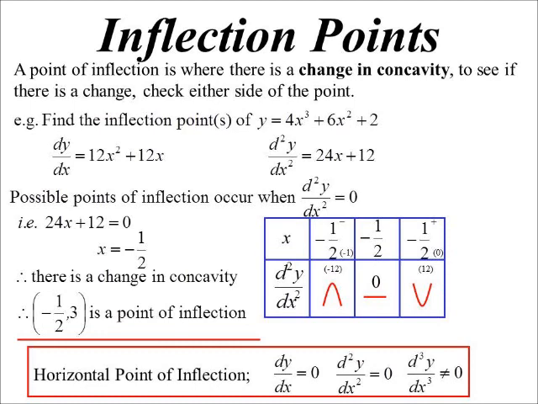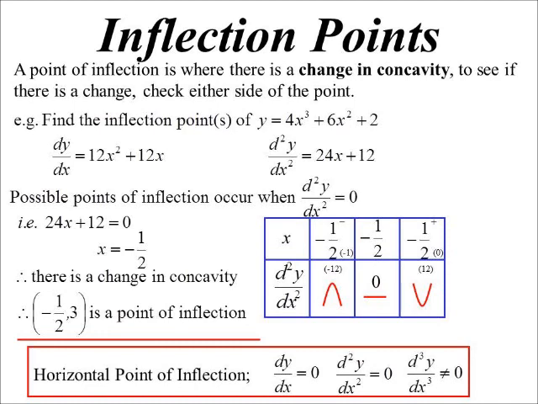But what do I want the answer to be? If there is a change in the second derivative, what are you expecting in the third derivative? Or more to the point, what are you not expecting? Because if it was 0, then it'd be saying there is no change in the second derivative.